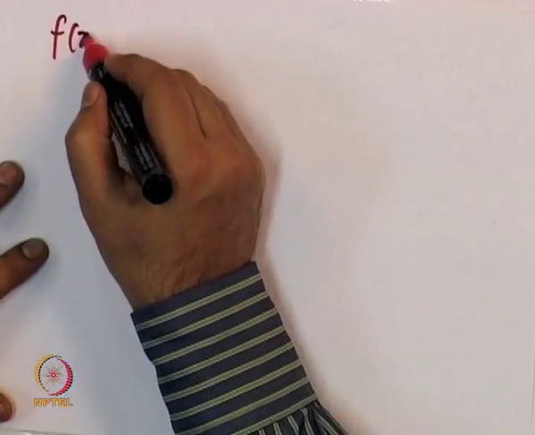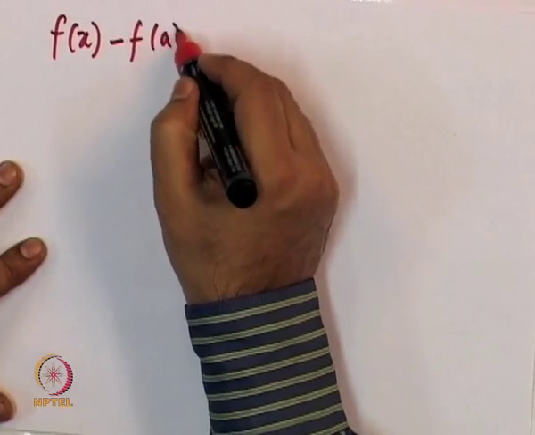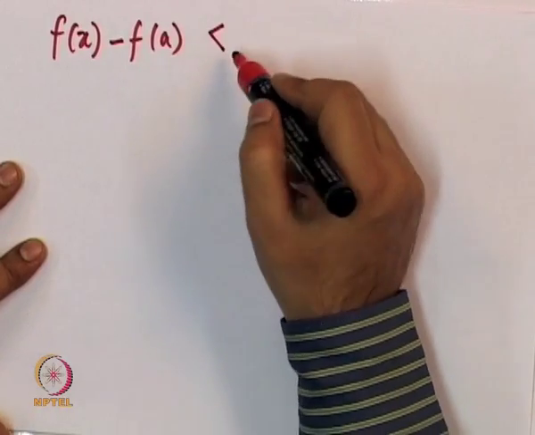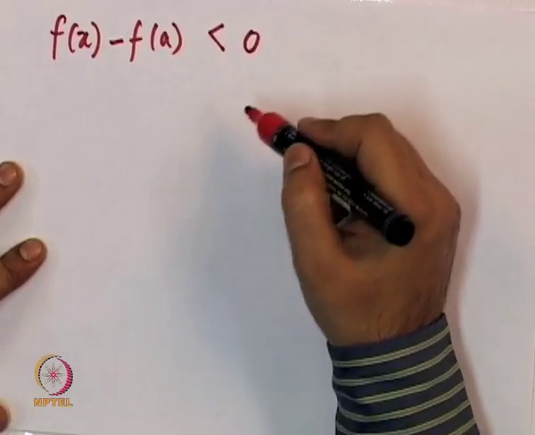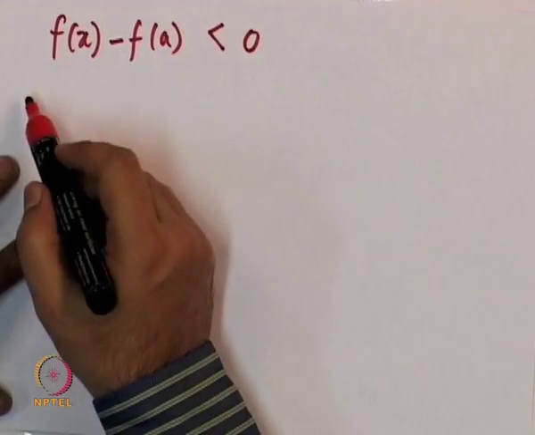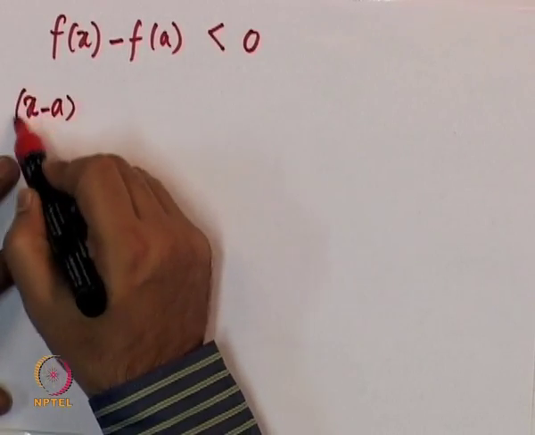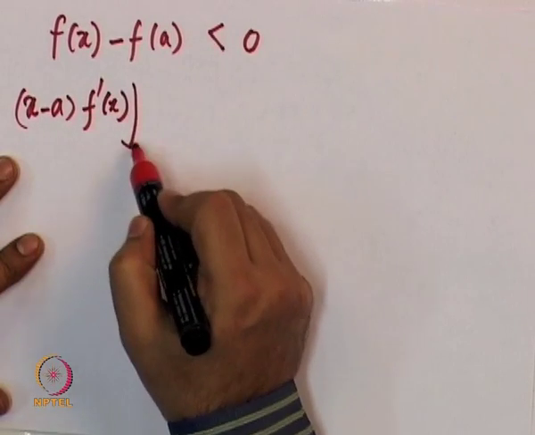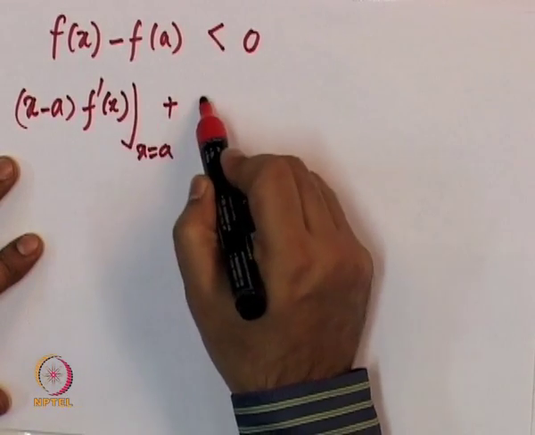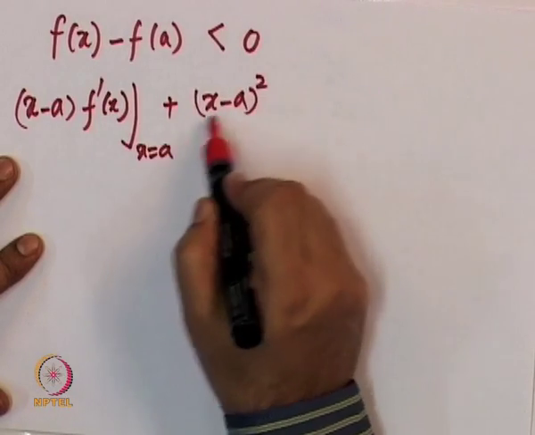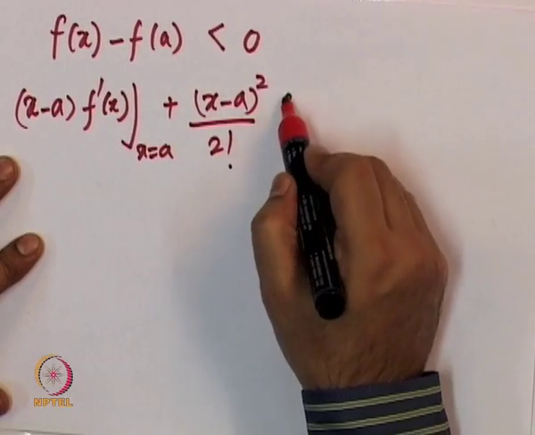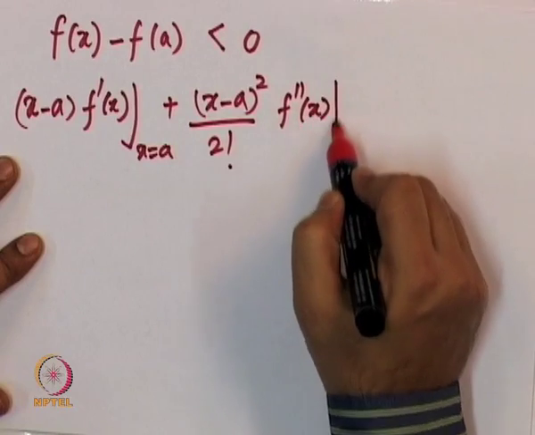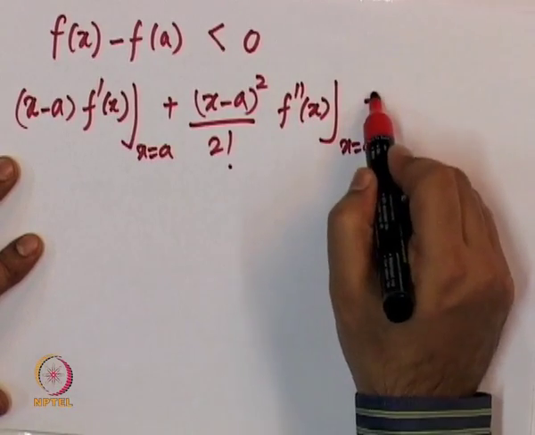So, f of x minus f of A should be less than 0, but this quantity is nothing but x minus A f prime of x evaluated at x equal to A plus x minus A whole squared by 2 factorial f double prime of x at x equal to A plus so on.